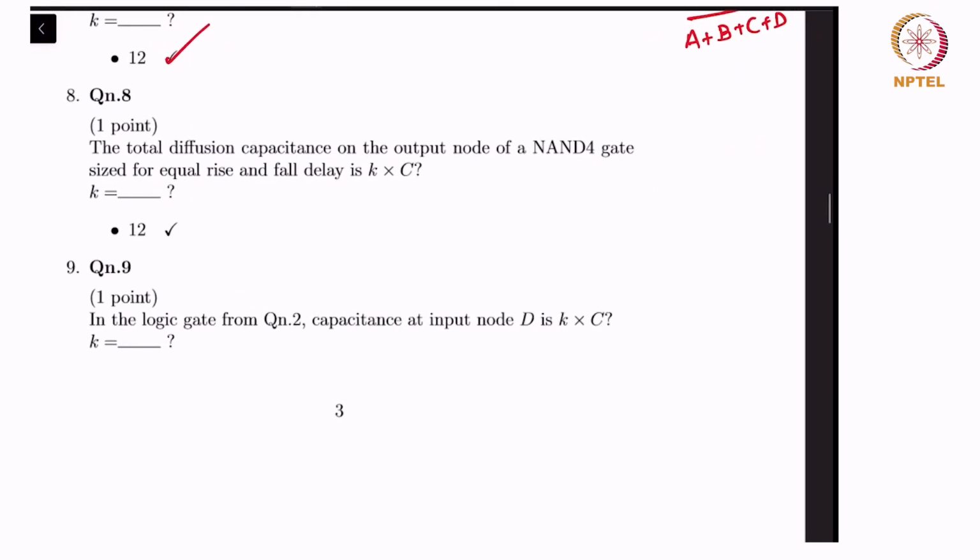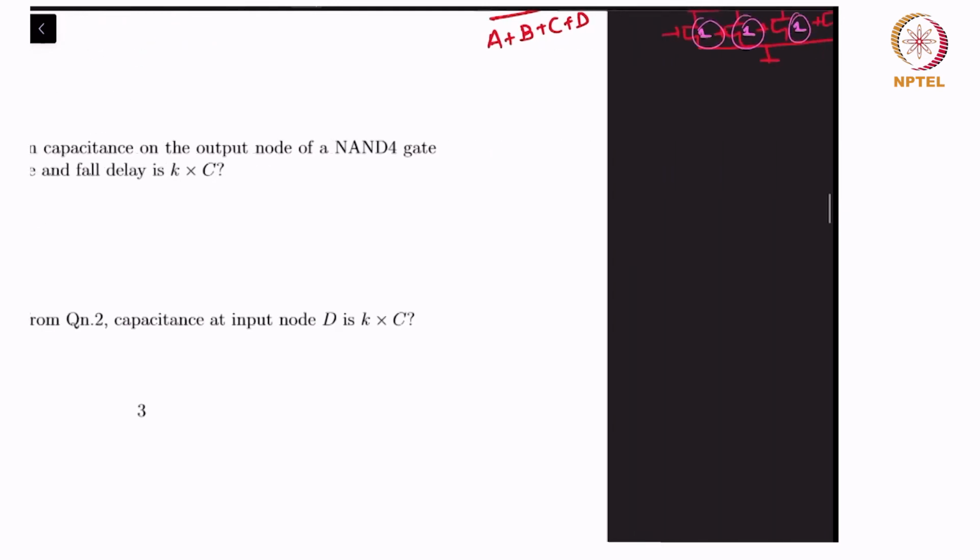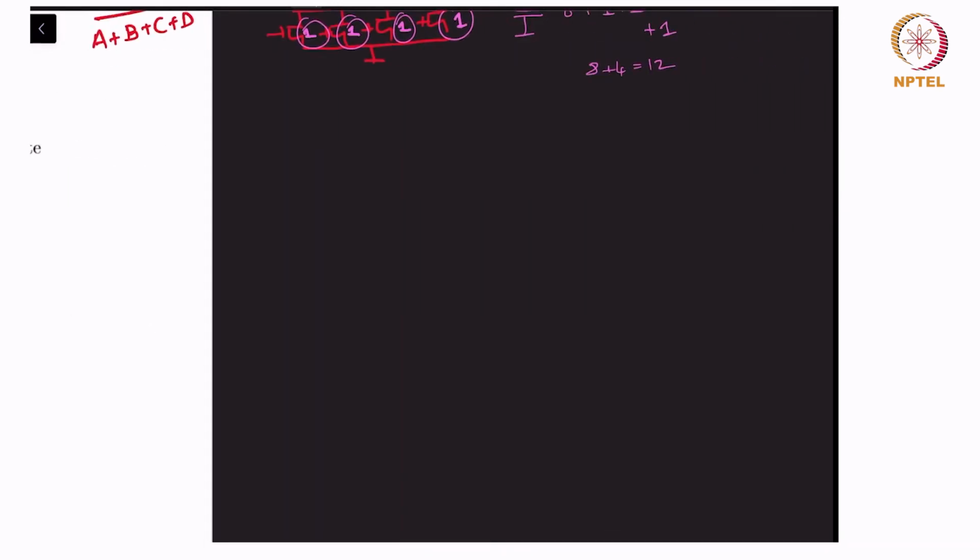Similarly, we are asked the diffusion capacitance at the output of a NAND 4 gate. NAND 4 gate, it's A, B, C, D, the whole bar. So on the N side, you have this, right? A, B, C, D. This is on the NMOS side. And on the PMOS side, you have this.